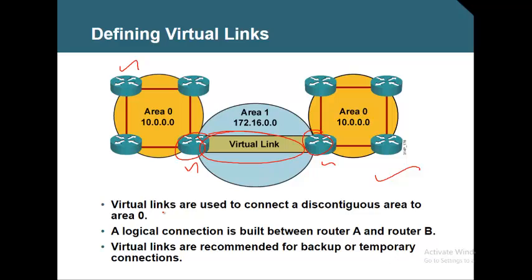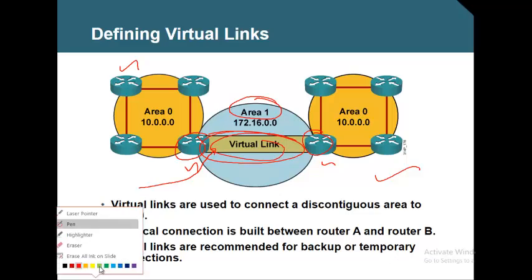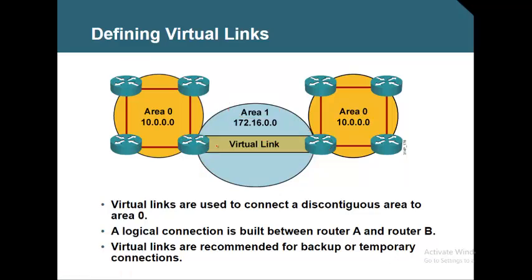I repeat, converting an area as a link to connect two routers. For example, here area 1 is converted as a link. Do you see a link here? And you see the entire area 1 is seen as a link.